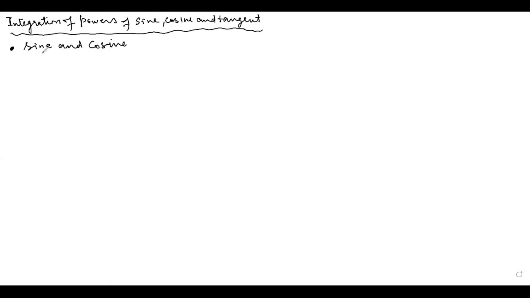In sine and cosine, for even and odd power, there are different rules.